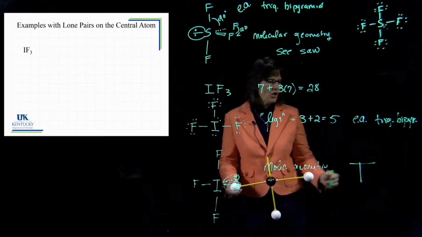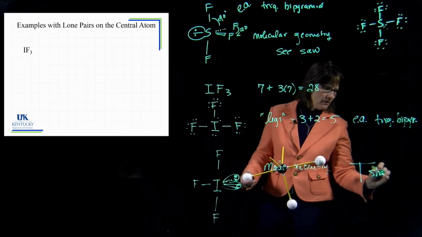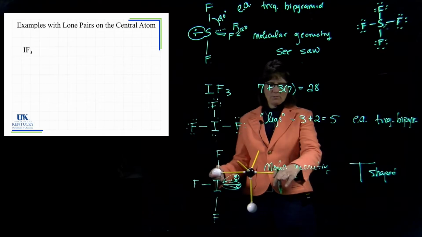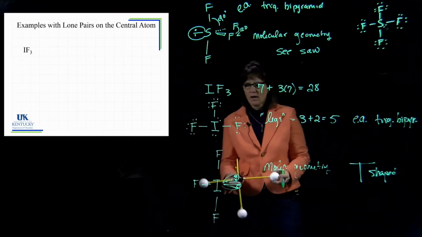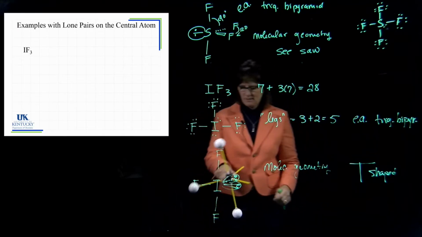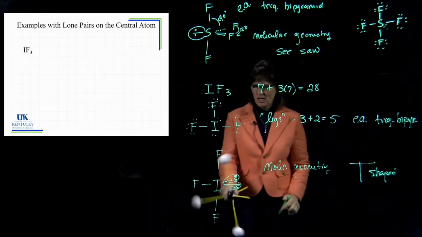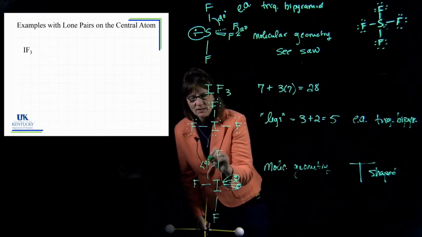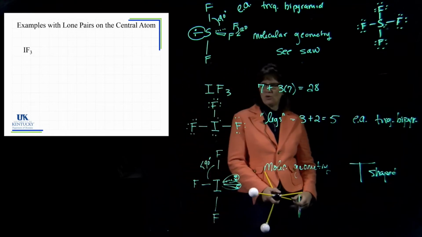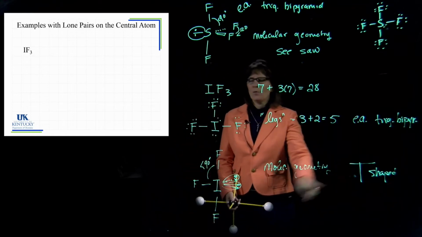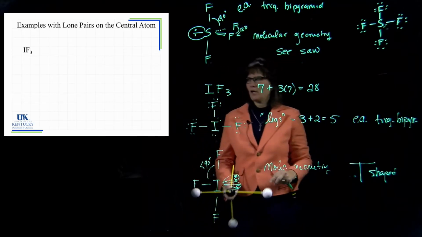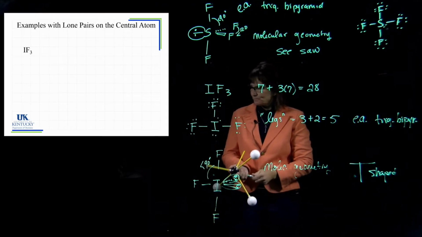Okay, this is called T-shape. This is the T-shape, okay? That is actually the name of this molecular geometry, T-shaped. All right, so this is a T on its side, sitting here like this. T-shaped. And what's the angle? Well, it was 90, so this is less than 90 degrees. And that is what you would call the geometry, what you could tell me about the angles, and it's all based upon a trigonal bipyramid electron arrangement.